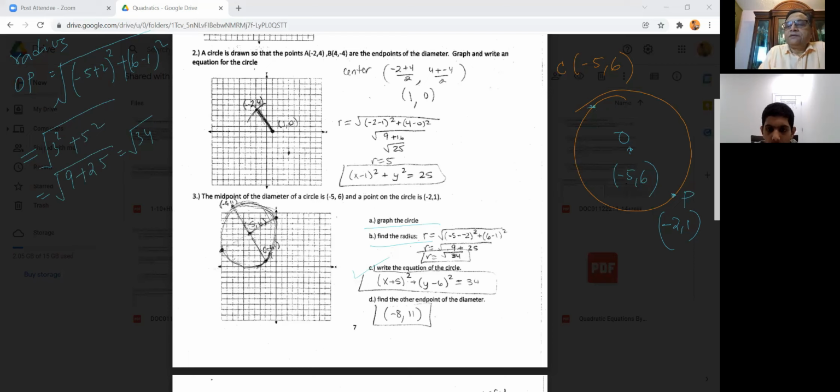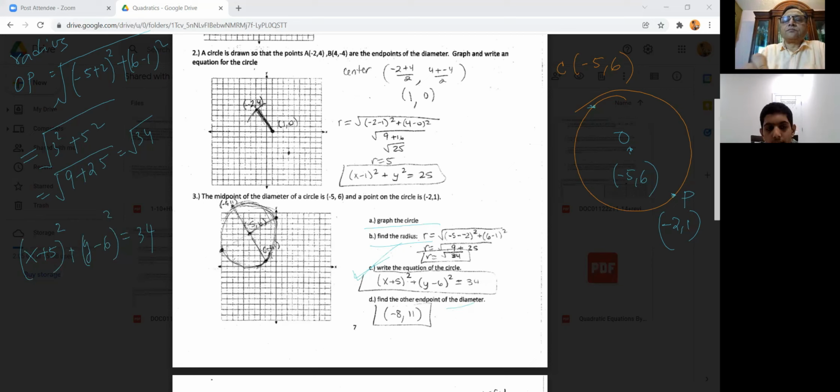Center being (-5, 6), it will be (x + 5) whole square plus (y - 6) whole square equals 34. Correct? The square root of 34, squared, will be 34. Okay. We've done this. Now find the other endpoint of the diameter. How will you find the other endpoint of the diameter? Tell me.